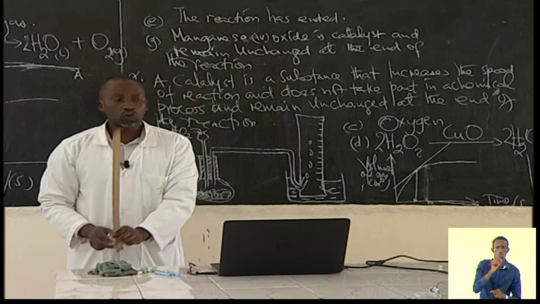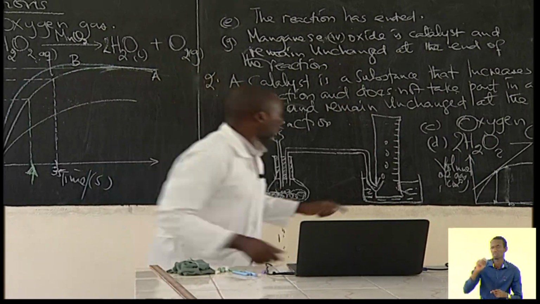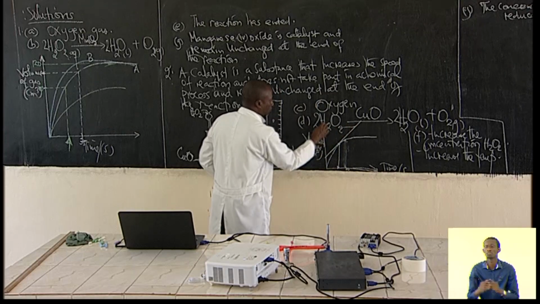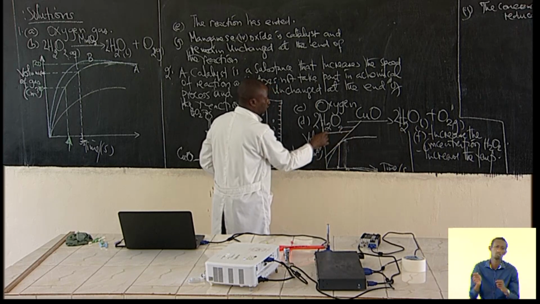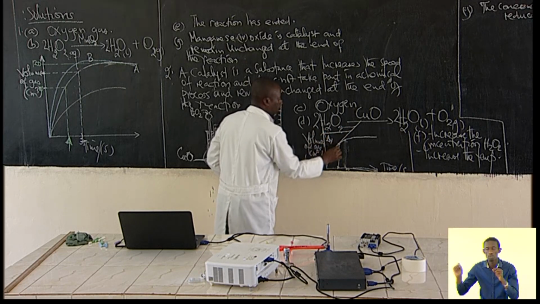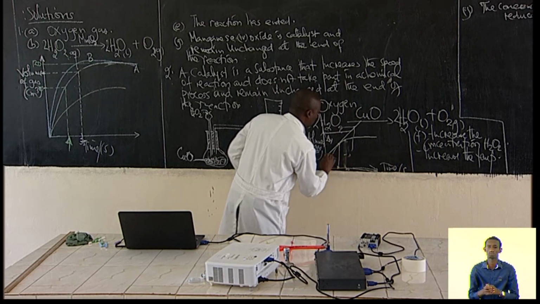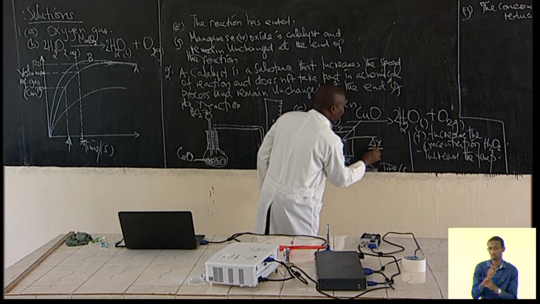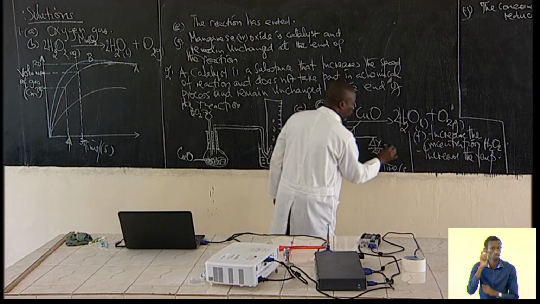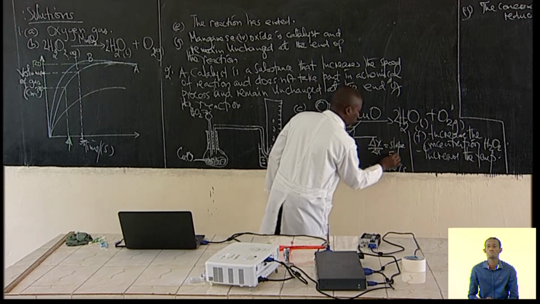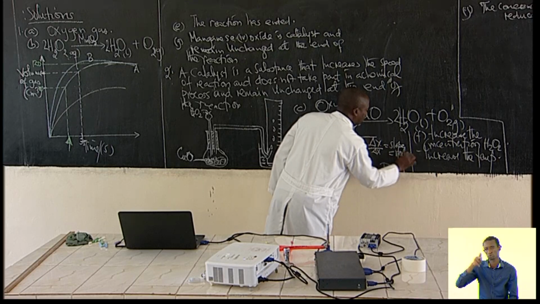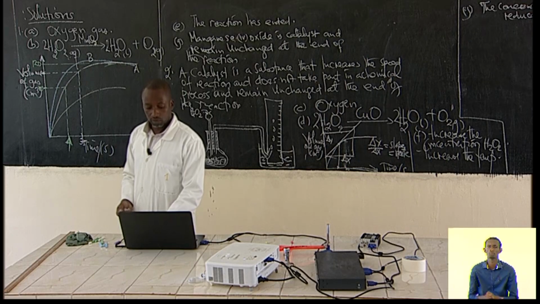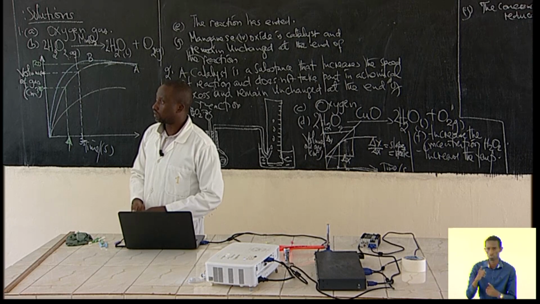Then you find the gradient of that line: change in y over change in x equals the slope, which equals the rate. Make sure you have the proper graph, which will give you the correct values.